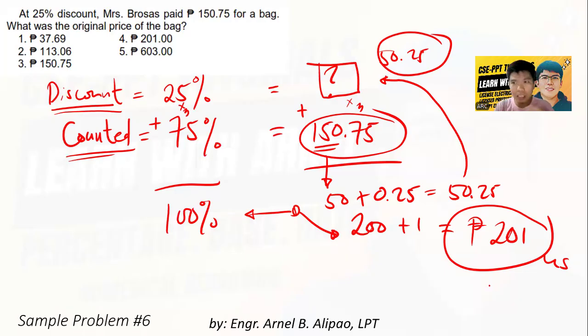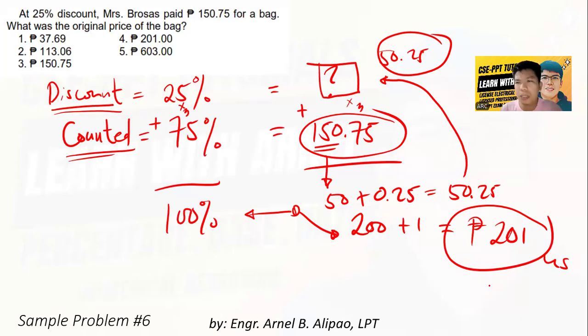So you have to take note of the word discount. Meaning to say it doesn't have to be counted. So you have to take note of that. And then for us to save time, let's solve using the value the other way around, the other side.